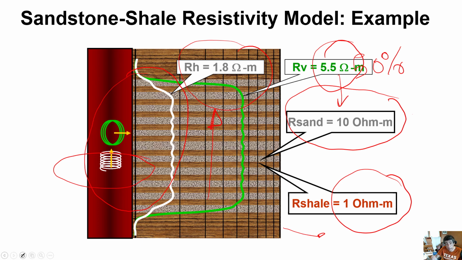In fact, that was the reason why in the past many people would bypass laminated sections, because if they naively take the resistivity log and implement it into Archie's equation, the calculation will give them lots of water, and they say, who wants to produce water sandstones? Not in the hydrocarbon world. So that was the point.